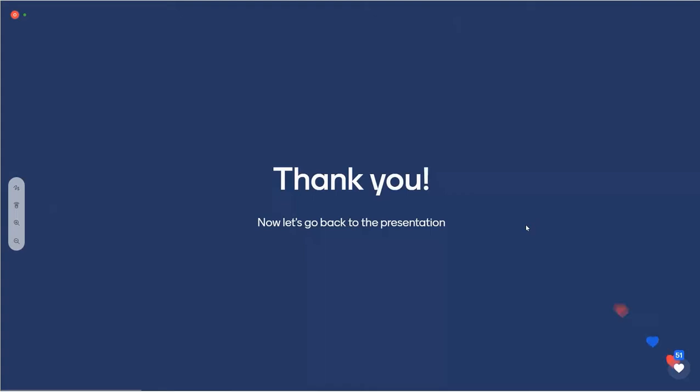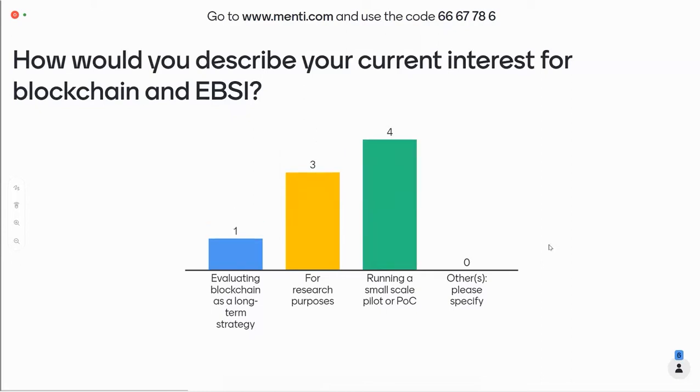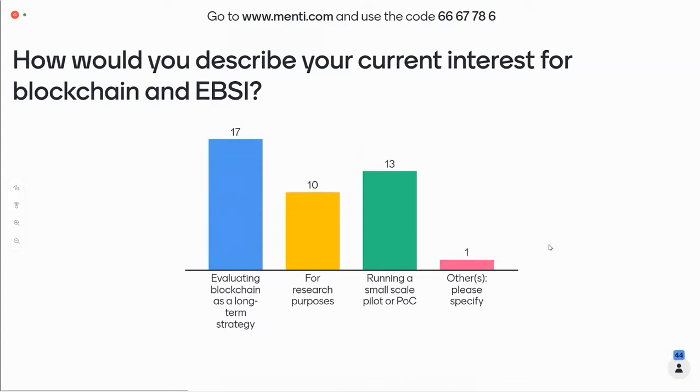I'll go to our first question, which is, how would you describe your current interest for blockchain and EBSI? Did you have a little bit more information about the EBSI project? For research purposes, right? Here we see a high consensus for evaluating blockchain as a long-term strategy.